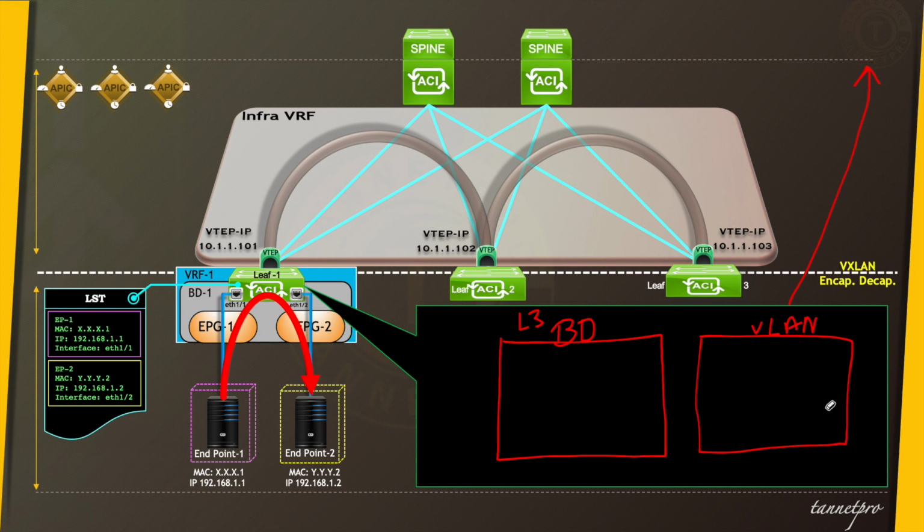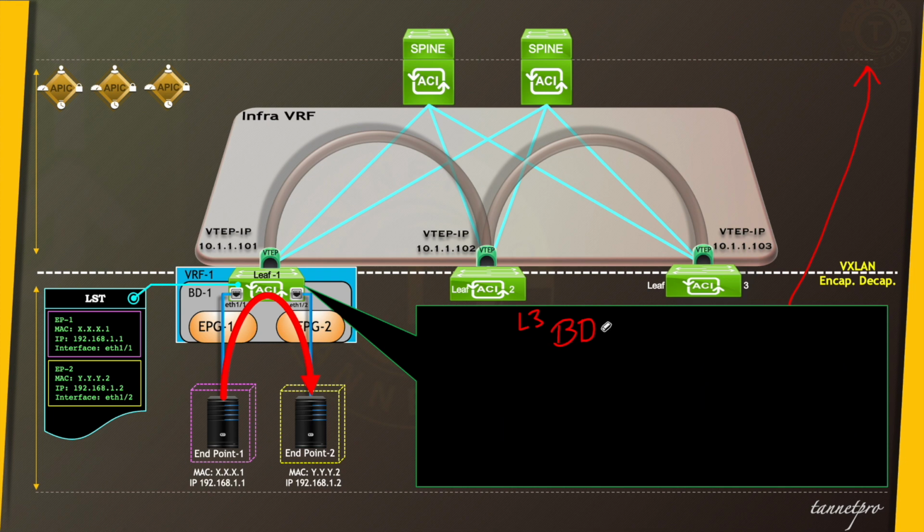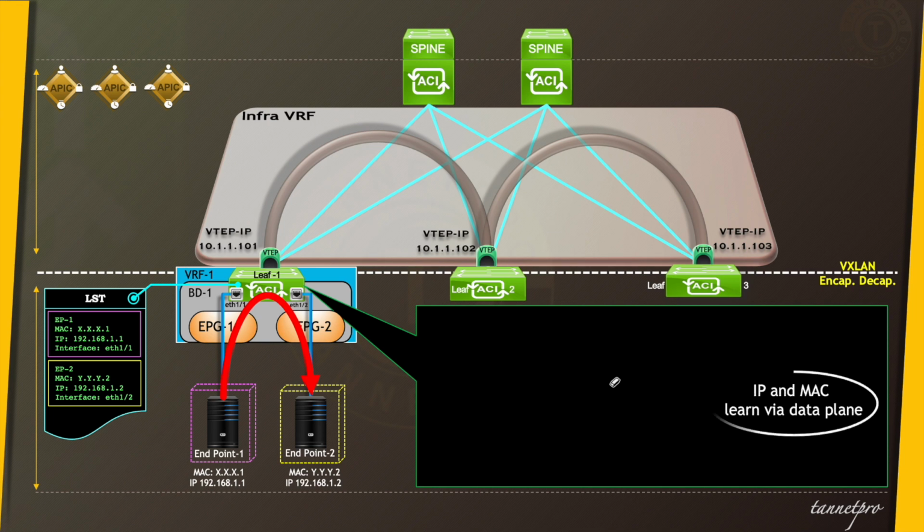All right, so let me explain another part. What is left, the most important part, is that all the IP and MAC addresses are learned here using the data plane. Even the IP is learned via the data plane. This is the most important part in the ACI infrastructure.